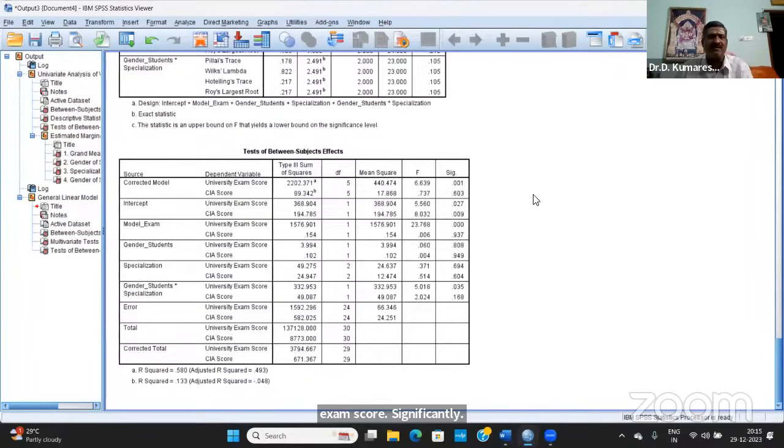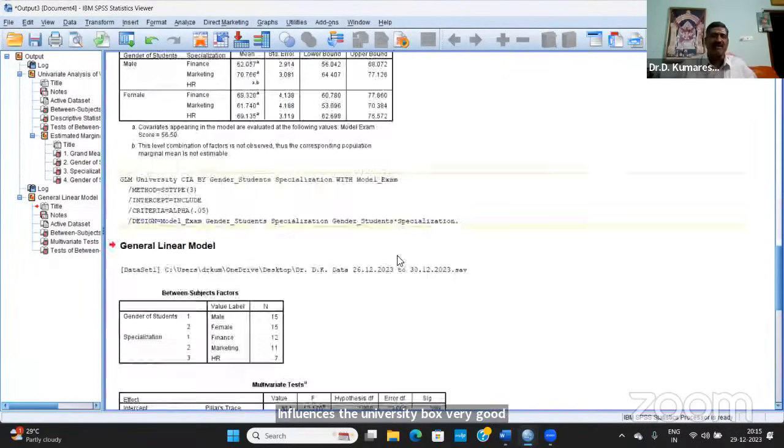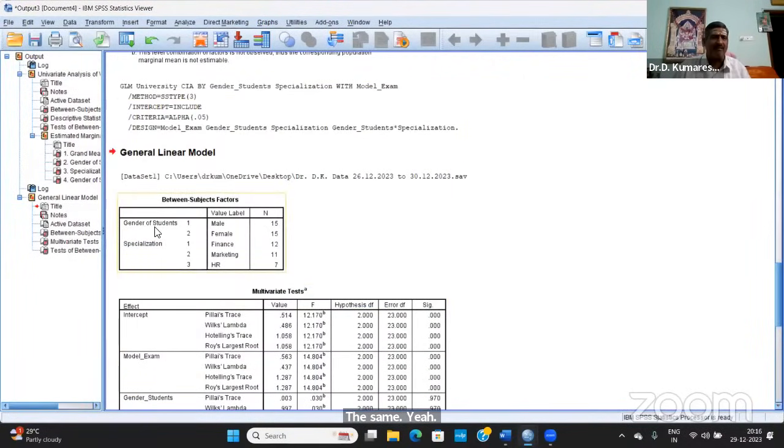What about the previous one? Yeah. In this case also, look at this. Previous data we have taken mistakenly. In that case, model exam marks did not influence. But since we have corrected the marks now, we find that model exam influences the university marks. Very good. The same result here also. Here, let me copy and paste.